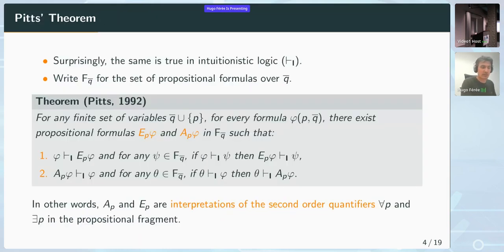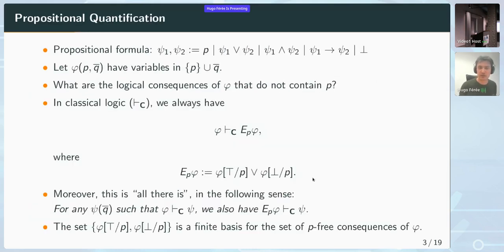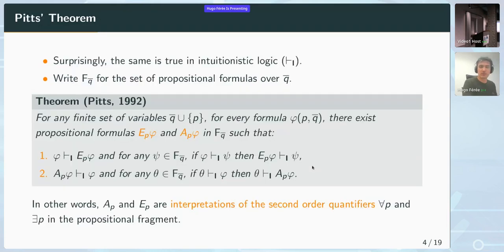What's surprising is that this construction doesn't satisfy this result for intuitionistic logic, but the result still holds. There is still a formula EP phi which is the least consequence of phi which doesn't contain p. And dually, there's also a formula called AP phi, which is the least antecedent of phi which doesn't contain p: any formula theta which entails phi also entails AP phi.